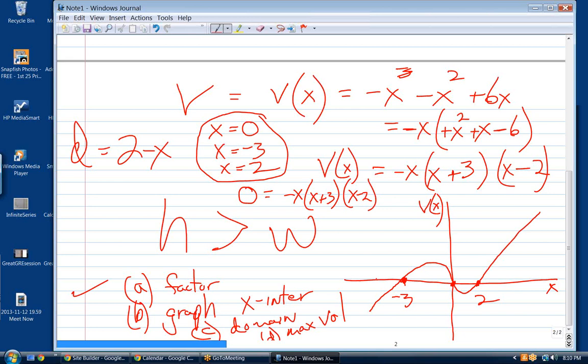But if I look at the minus sign in front of the x cubed, I should have guessed that the end behavior is such that the curve looks more like this. Why? Tell me.